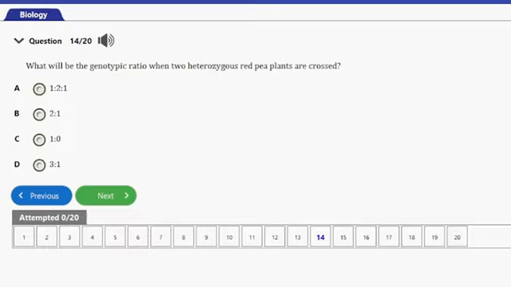So each time you cross two heterozygous characters, you're going to always have their genotypic ratio to be 1:2:1 and their phenotypic ratio to be 3:1. That's dominant against recessive.